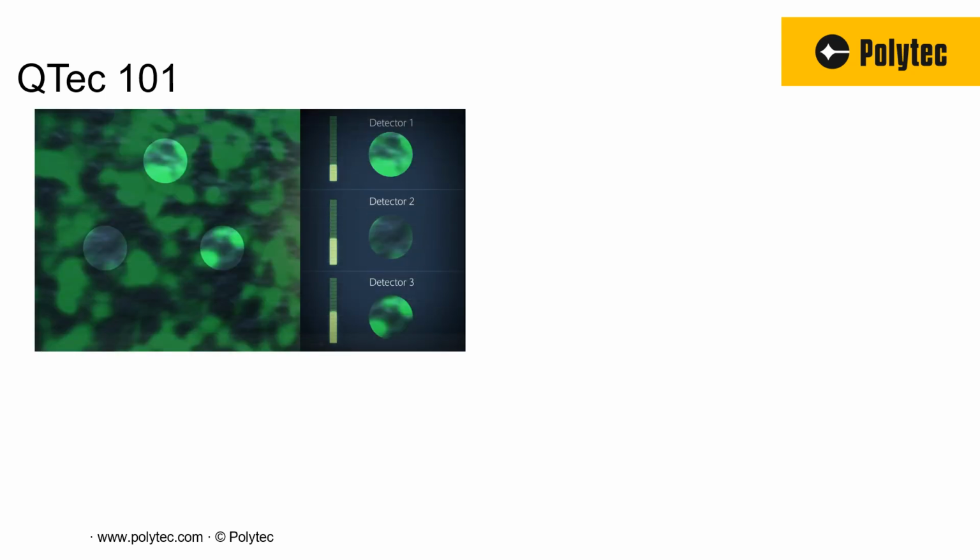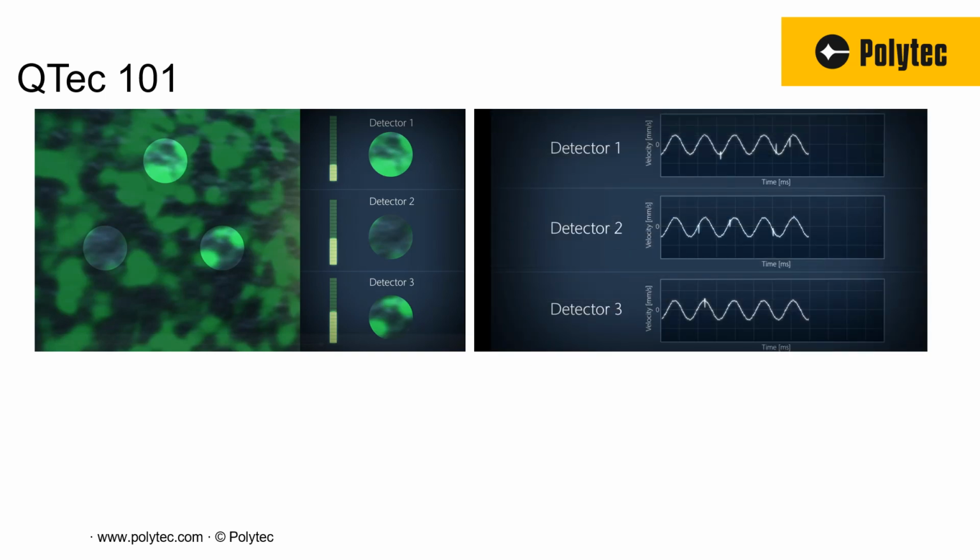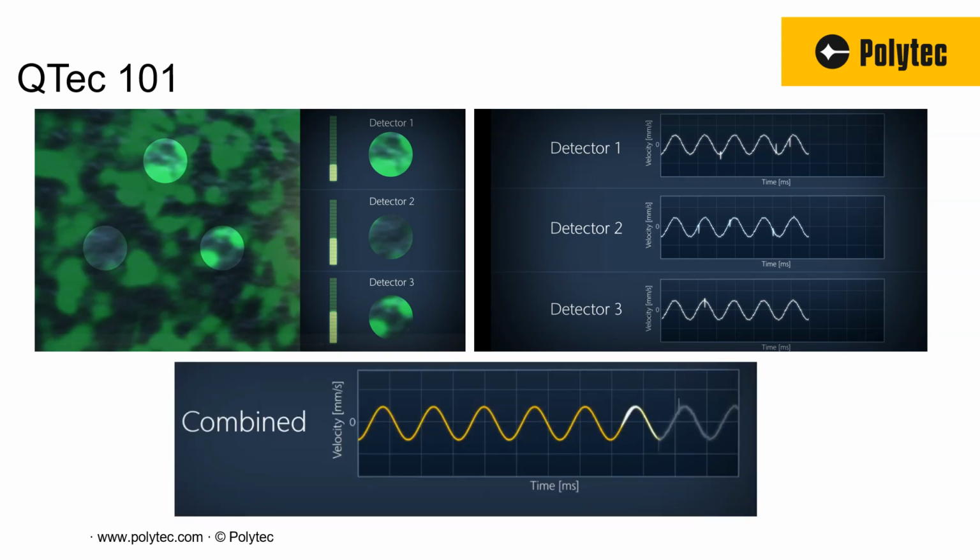So we have done several videos on this, but in a nutshell, QTec is about multiple detectors. It's called multipath interferometry. So instead of the traditional one detector, we use multiple detectors, meaning we get multiple signals on these detectors. And using some smart processing, we can combine these signals and pretty much get rid of signal dropouts.